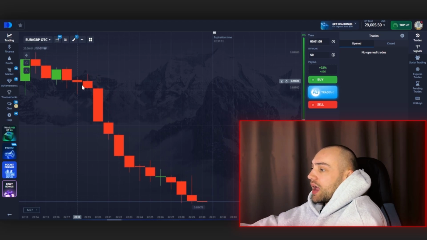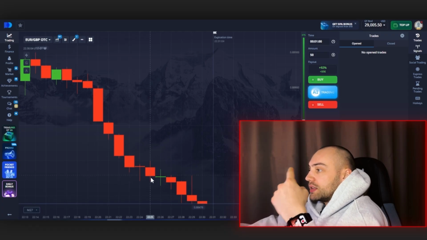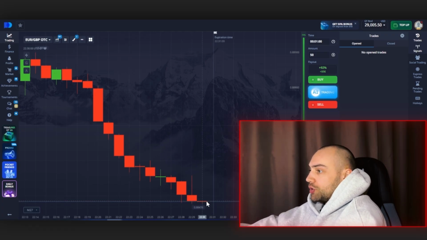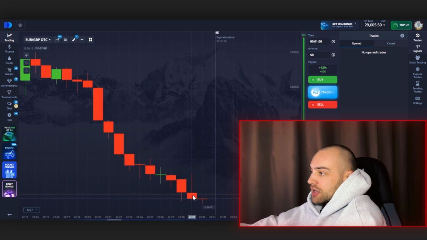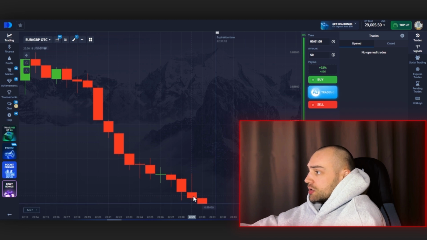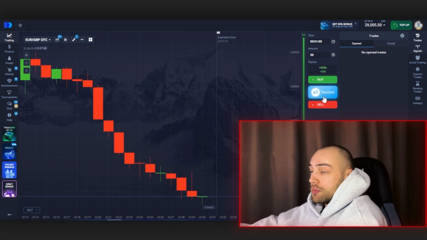Basically, this is about a downward breakout within a 1 minute time frame. What should we do here? We need to wait until there is a candle indicating a rise, which is noticeably larger than the previous one, or at least the same size as the downward one. Simply put, we look for a candle in the opposite direction, and then we can open a trade on the 1 minute chart.